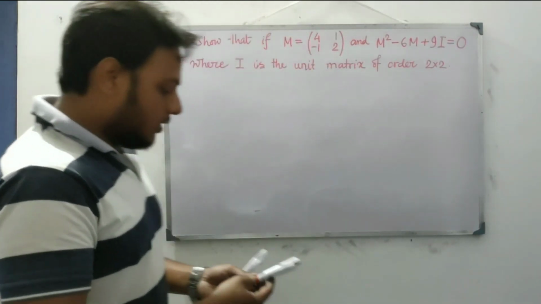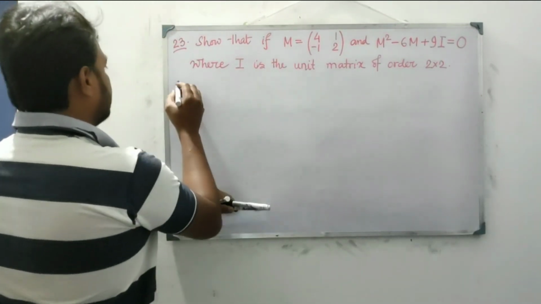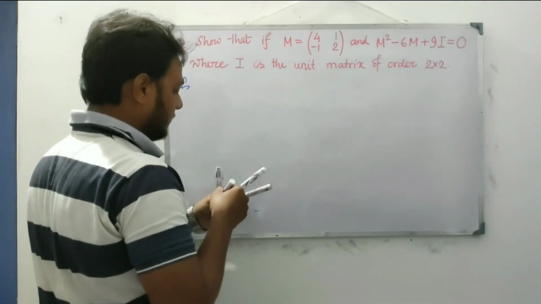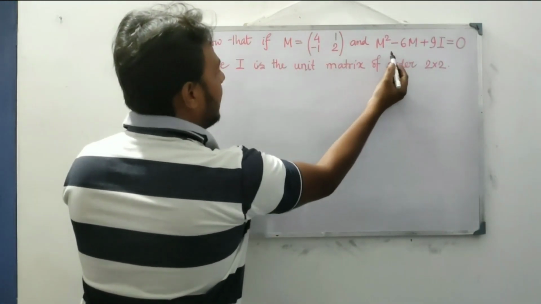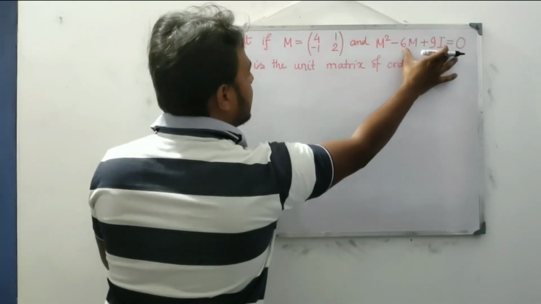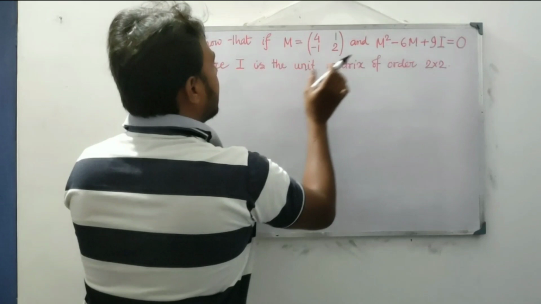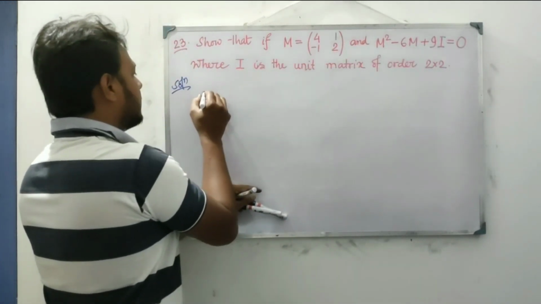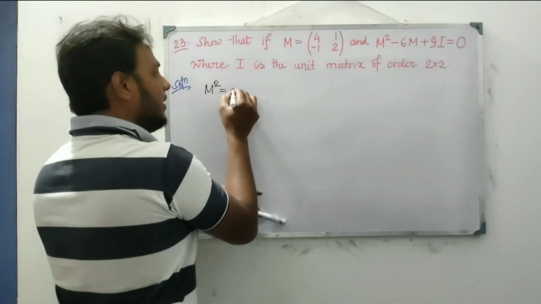Okay, so see the solution. Here m is given, and given that this equation must be satisfied, and we have to prove it. So to prove it we need m square. So first calculate m square. M square equals to m into m.